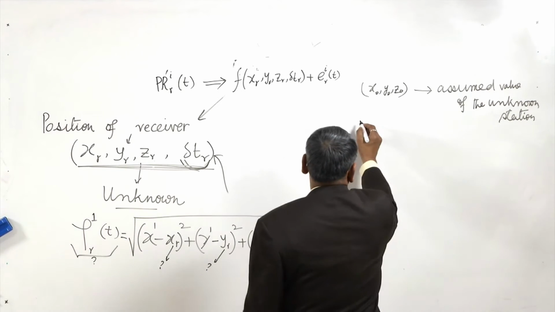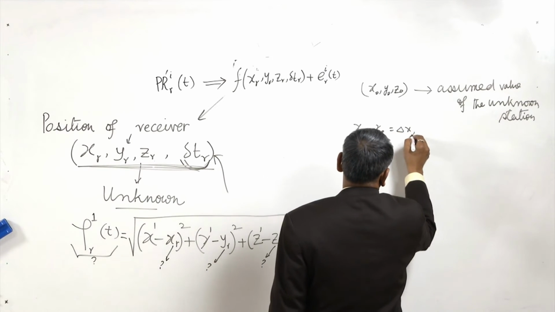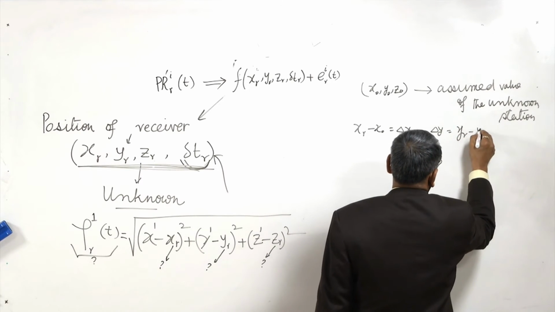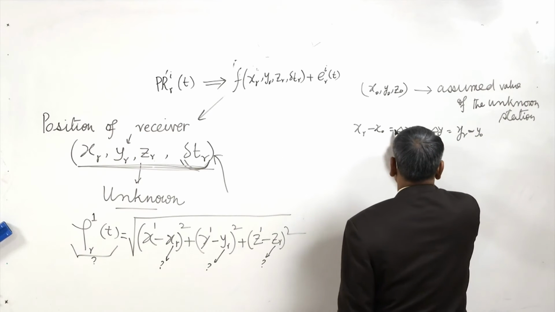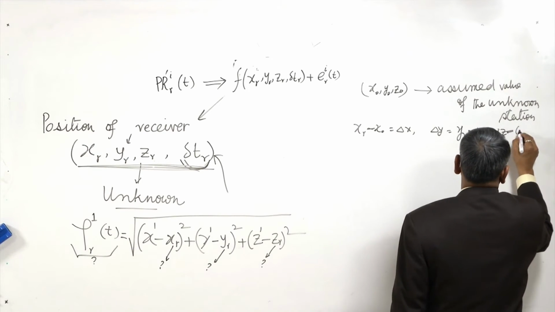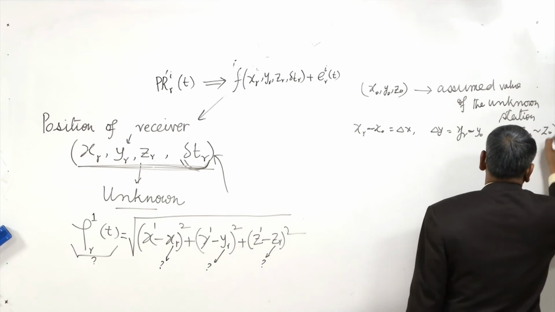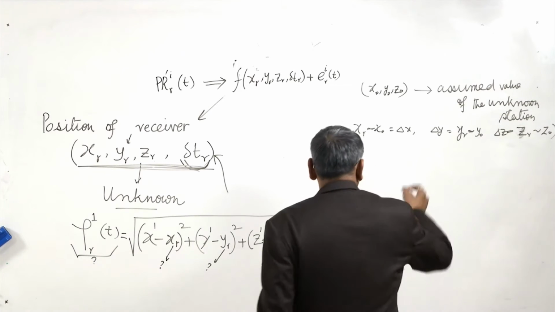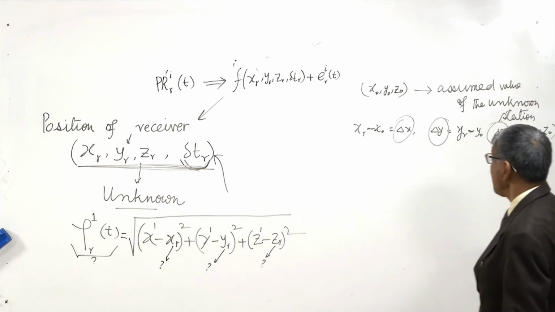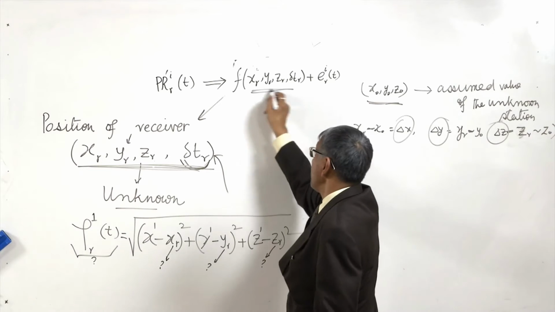Then xr minus x0 will be del x, yr minus y0 will be del y, the difference, and del z is zr minus z0. Now this del x, del y and del z are the errors between the assumption and the actual value.